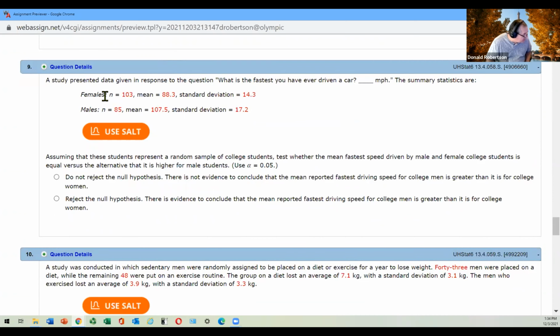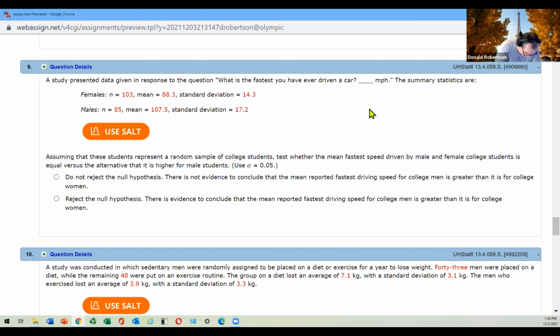What you're looking at here is a study, representative data, and the response to the question was, what's the fastest you've ever driven? And in this story, we have two populations. Females, there's 103 in the sample, and the average fastest they've ever driven was 88.3, and their standard deviation is 14.3.